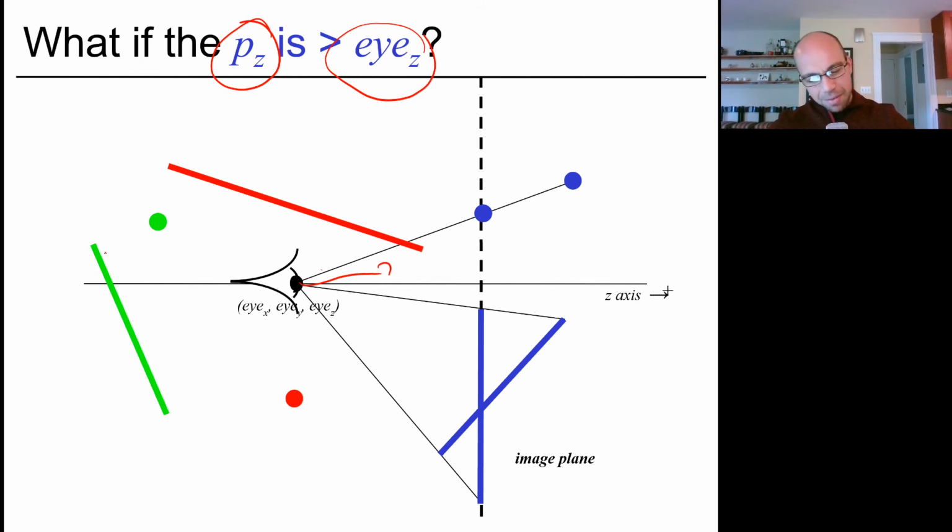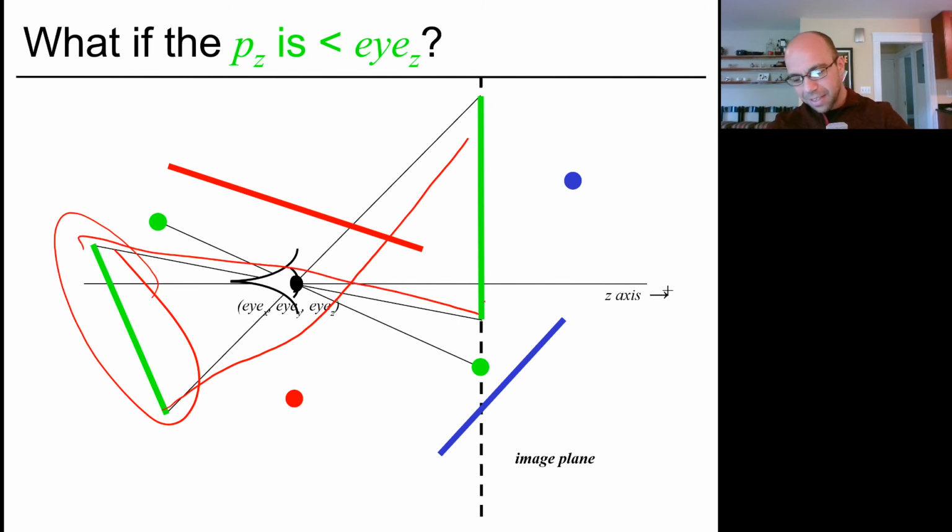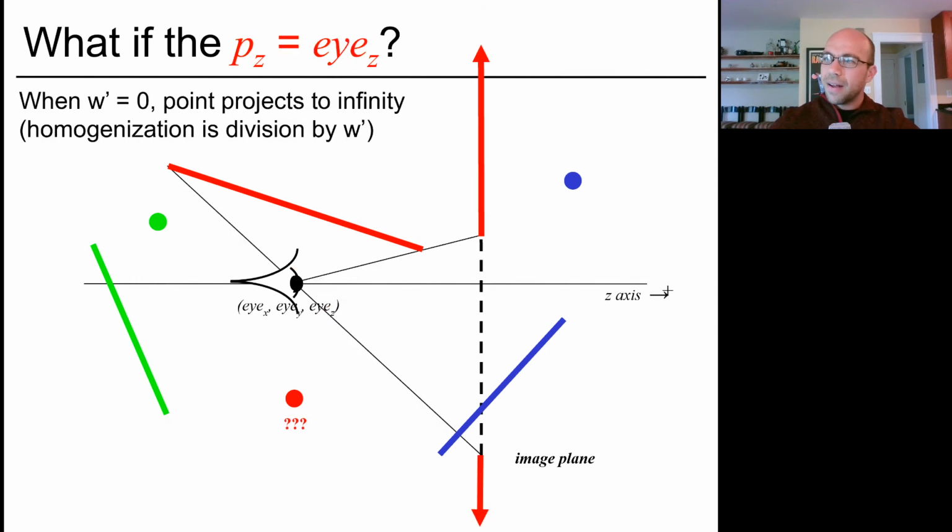But when you homogenize, you might accidentally divide by a negative number. And in that case, it might make you feel like you should project that object, I guess, flipped over onto your eye. So during your Z buffer test, you need to be a little bit careful about that and check the sign of Z. And in fact, moreover, you can even divide by 0, right, when PZ is equal to your IZ, which can actually happen quite a bit.